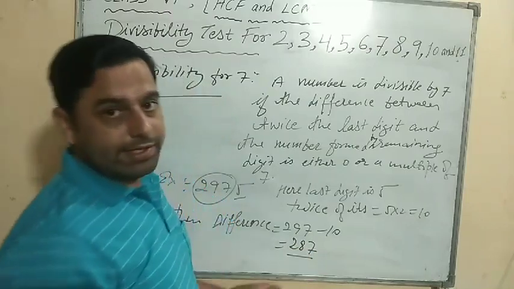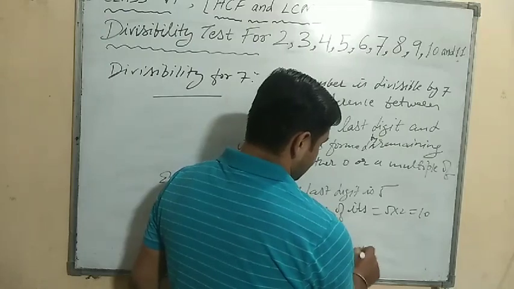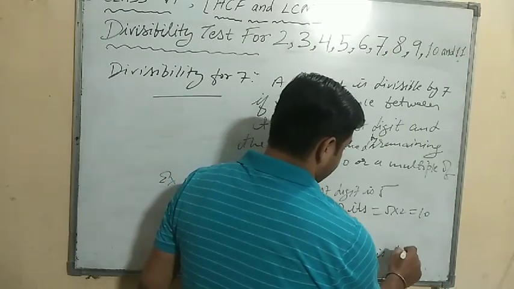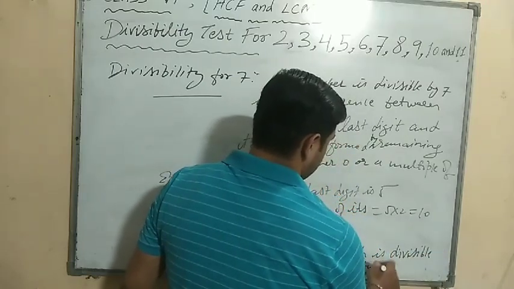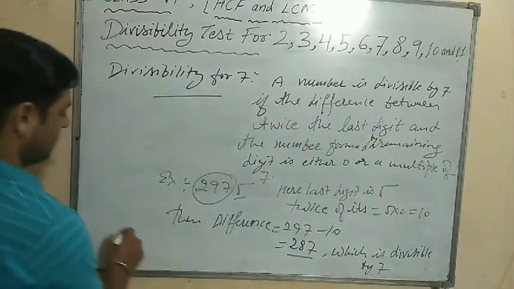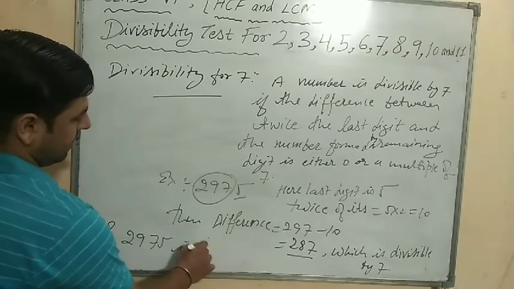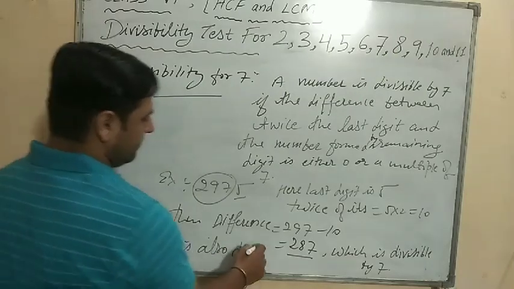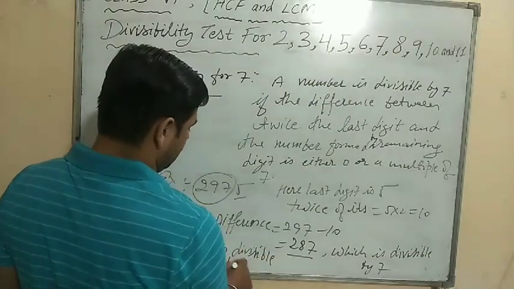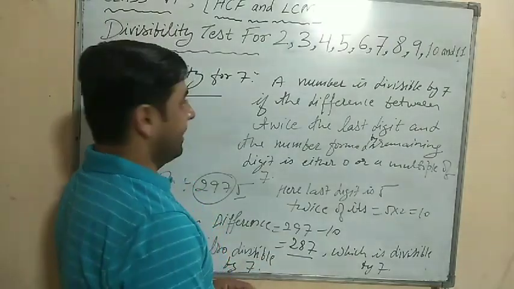Now you can check that 287 is divisible by 7. So 2975 is also divisible by 7. Okay.